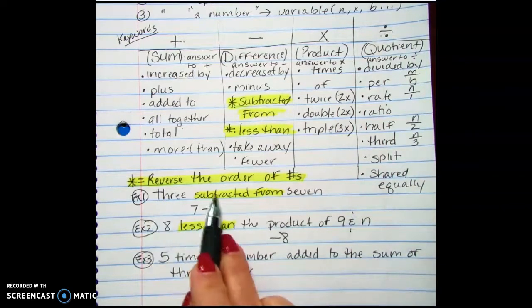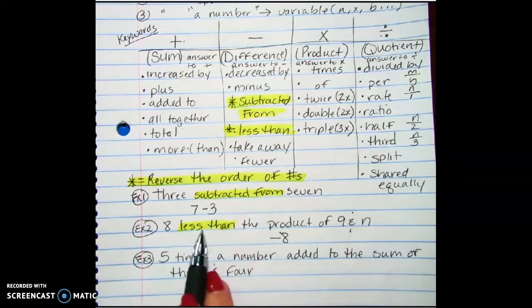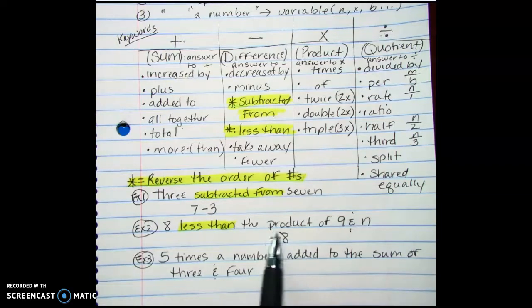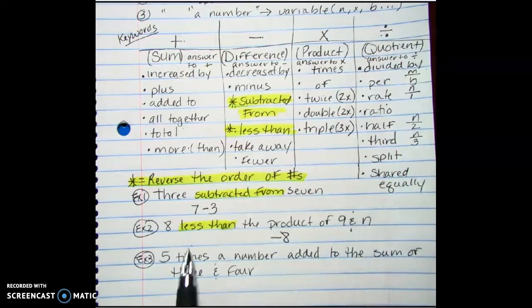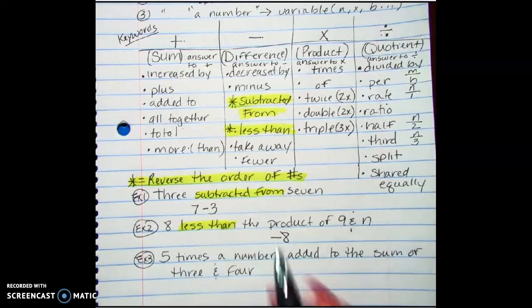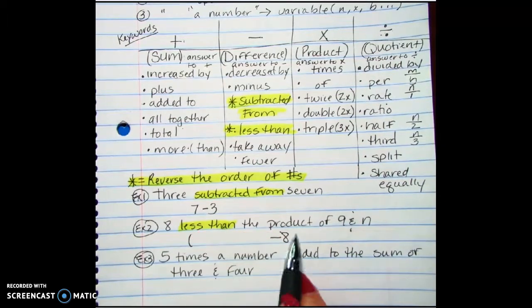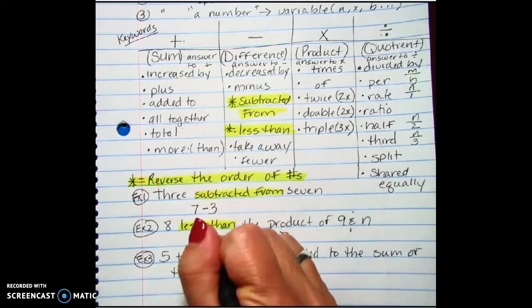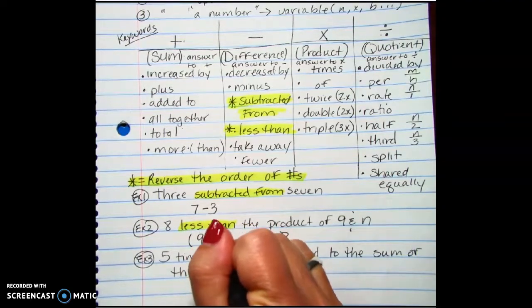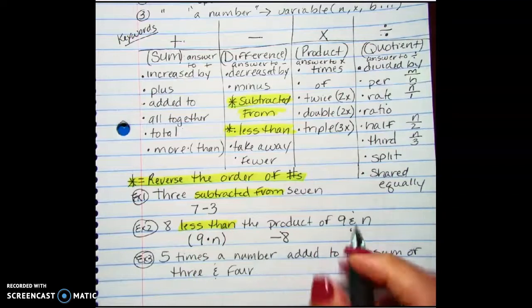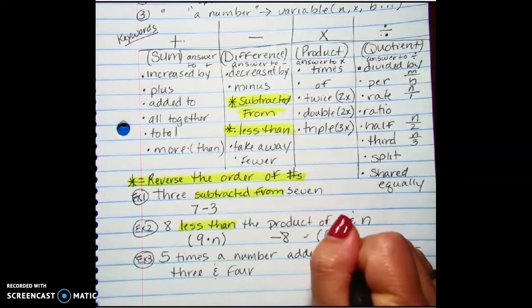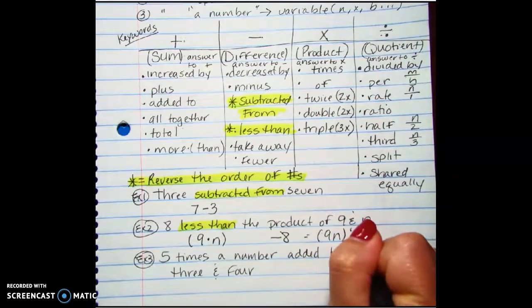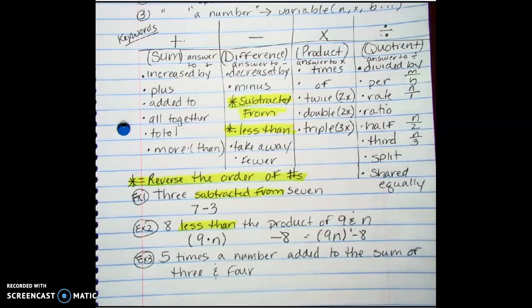This was 3 subtracted from, minus 3. 8 less than, minus 8. So now I'm going to put this in front of the minus 8. So it's the product, the product of, because there's 2 operations, of 9 and n. So let's put it together. So we could say 9n minus 8. And there you have it.